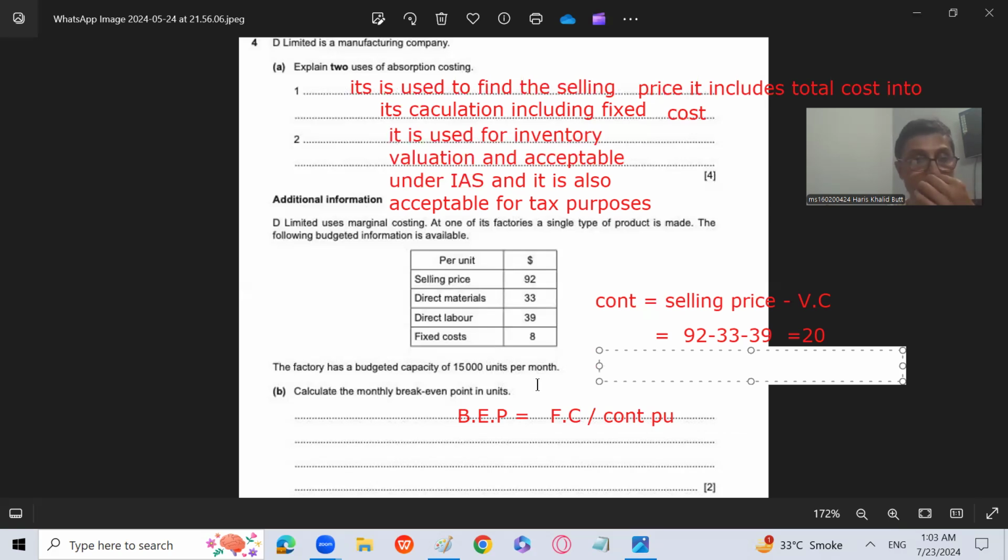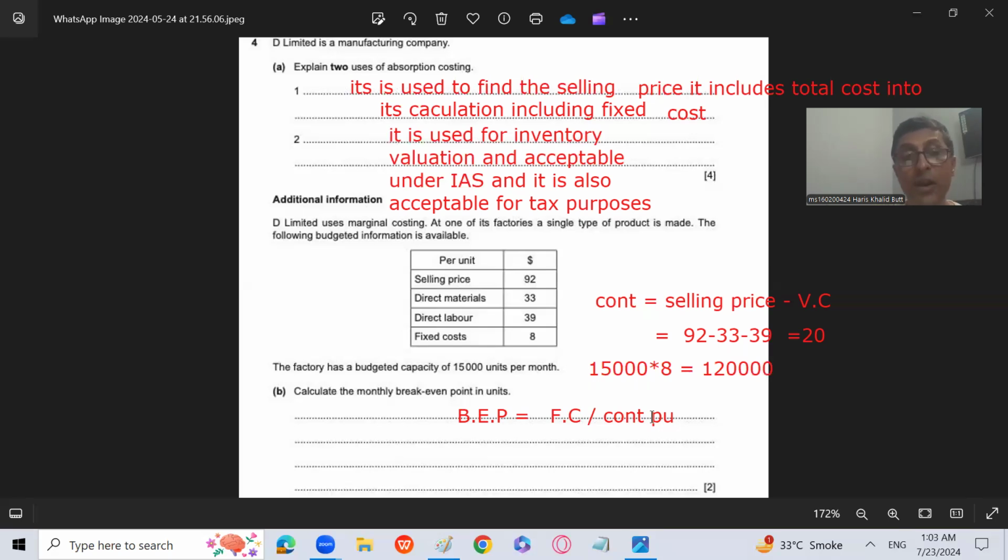Remember, it doesn't say that the actual production is 15,000 units. It is the budgeted production. So the total fixed cost according to the budgeted capacity will be our total fixed cost, and you know that the total fixed cost will not change. It will remain the same unless the question mentions that the fixed cost is subject to change.